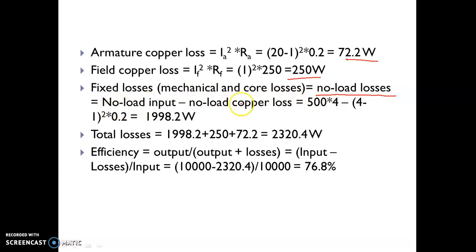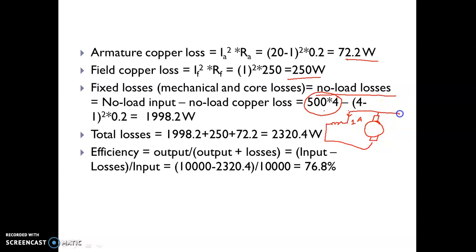So how can we find it? We can find no load input minus no load copper loss. No load input is how much? 4 ampere current is taken during no load, when load is not applied, so this much will be your no load power input. No load copper loss means: this is the motor and this is the field. The field is taking 1 ampere current.